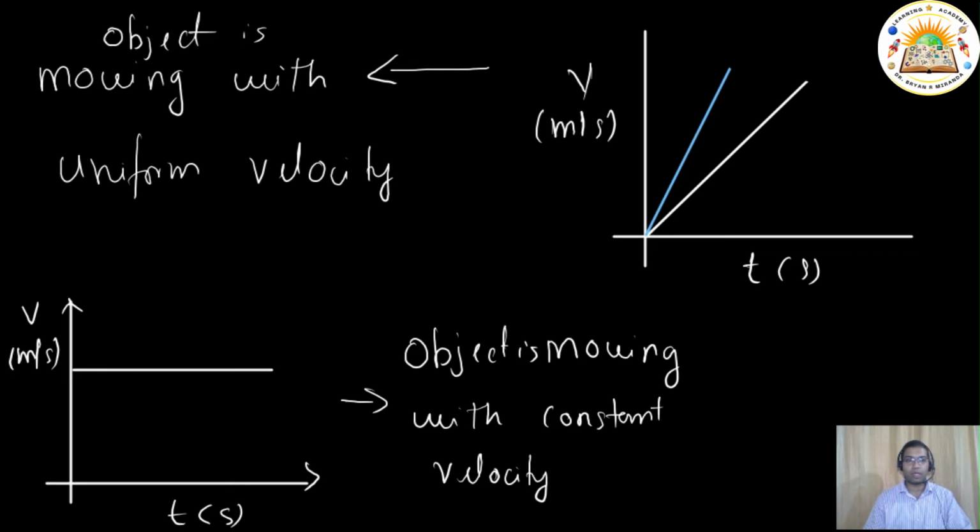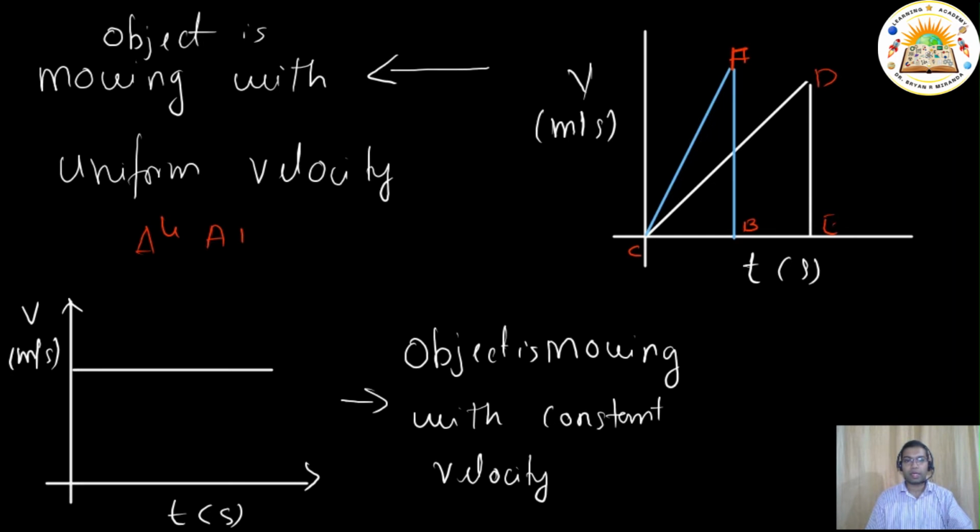If I take the blue line and drop a perpendicular from here to here, the area under the blue curve is different from the area under the white curve, even though both are triangles. Let me take this as A, B and C, and this as D, E, C.